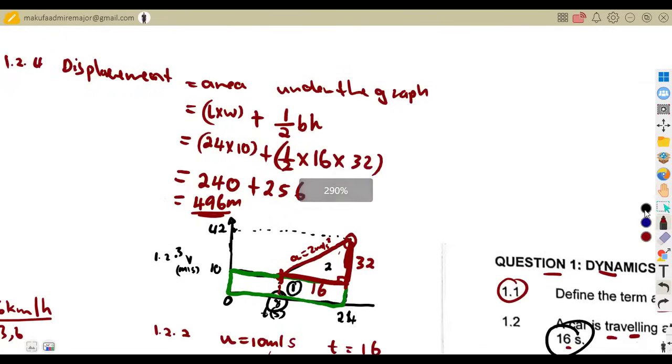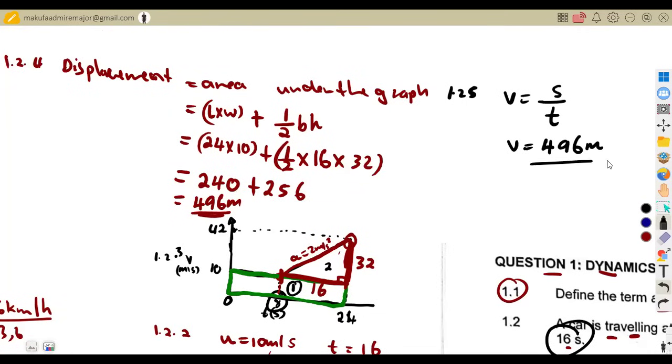So the average velocity is the total displacement over the total time, which is 496 meters over the total time from 0 up to 24.